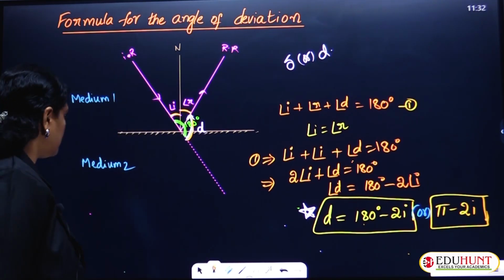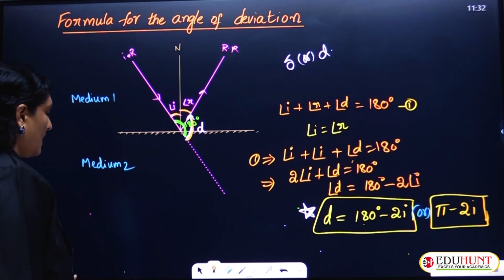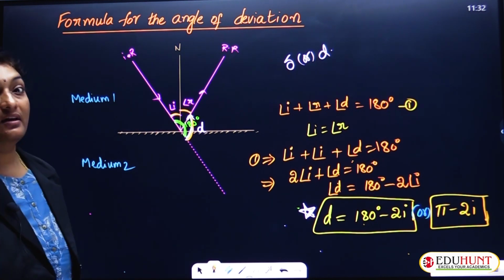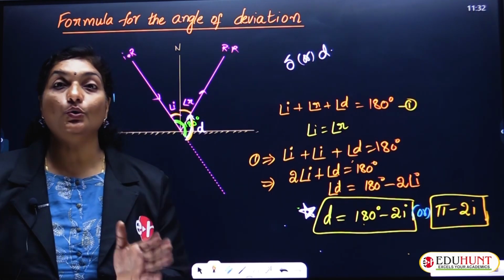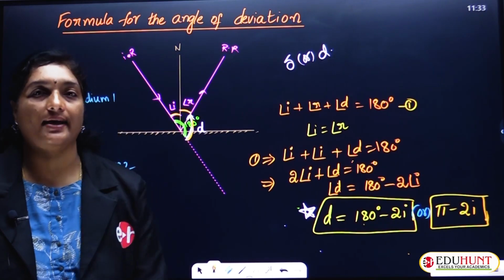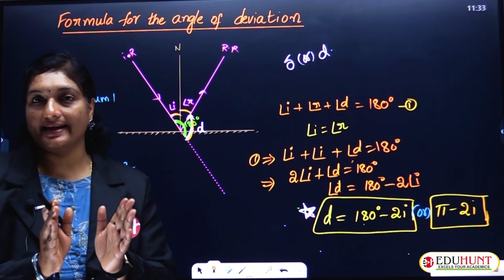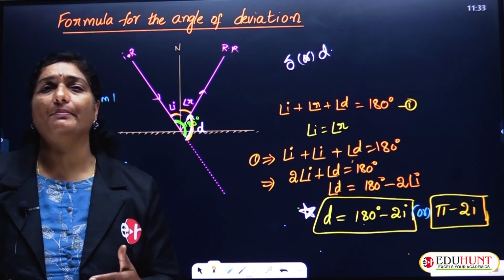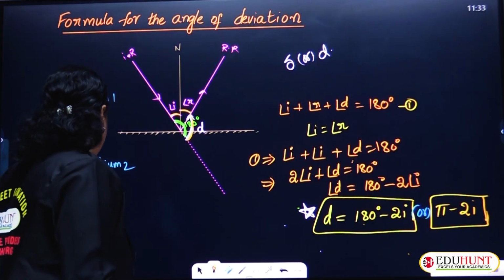Okay. Well, so let me also add one more concept for this, children, regarding the reflections made on two plane mirrors inclined at an angle theta. When two plane mirrors are inclined at an angle theta, some number of multiple reflections are observed based on the angle.